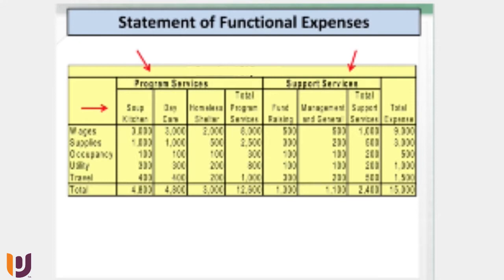In their financial statements, they would most likely have a separate schedule or a footnote that shows expense broken down into soup kitchen, daycare, homeless shelter, and administration. The total of these four categories must equal total expense from the statement of activities. All expense must be accounted for.